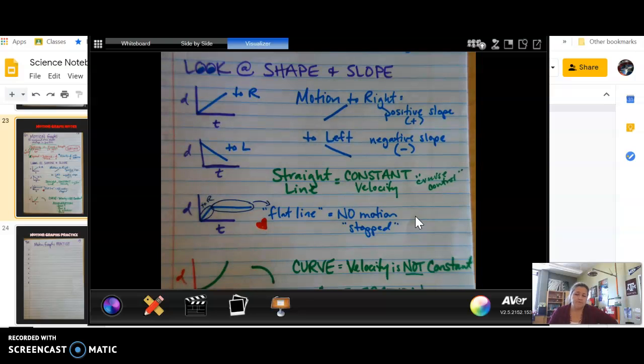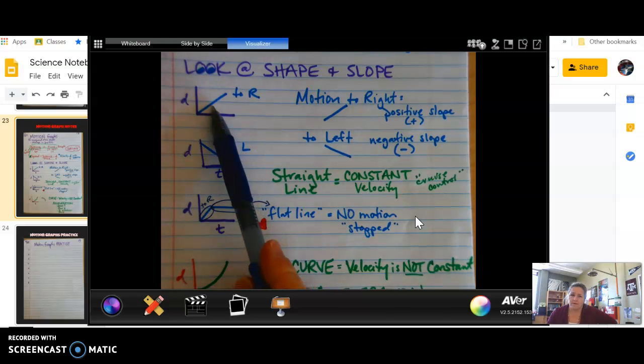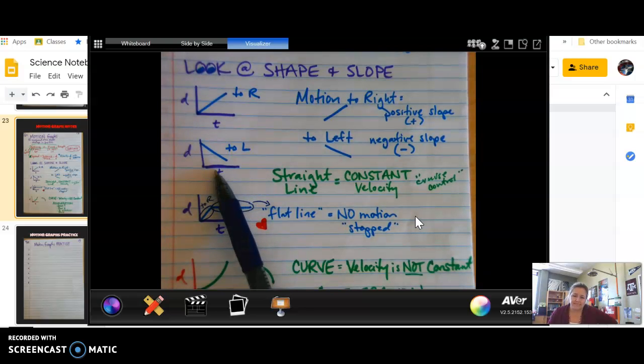When you moved your Stickman back to the beginning, he was coming back to the origin, he was heading home. This does not mean he's slowing down. This just means that his distance is getting less, so he's coming back to where he started. So if it's this, motion to the right. If it's this, it's motion to the left. Or away from the origin, towards the origin.